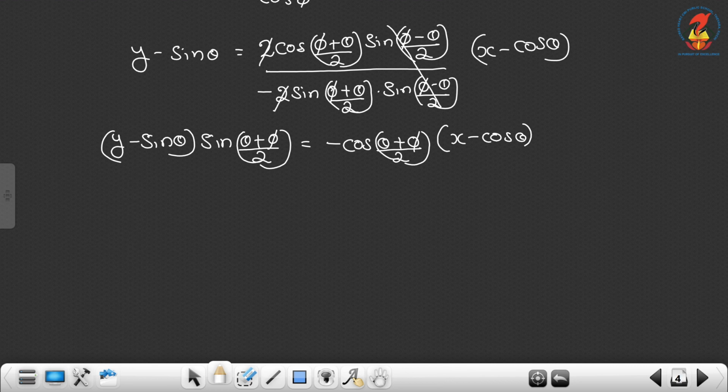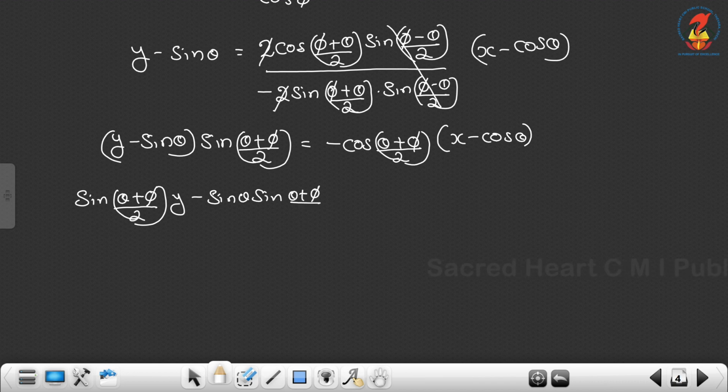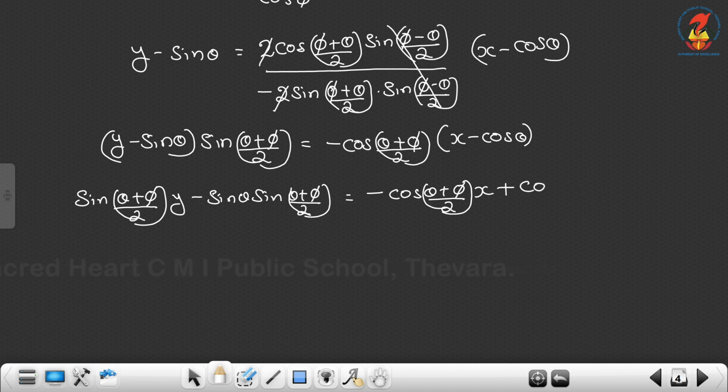So the coefficient is sin (theta plus phi)/2 into y minus sin theta into sin (theta plus phi)/2. Here minus cos (theta plus phi)/2 into x plus cos theta into cos (theta plus phi) whole by 2.